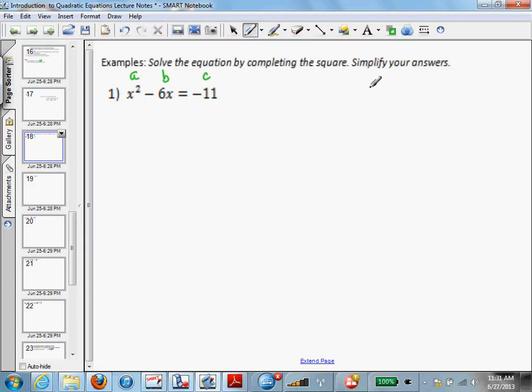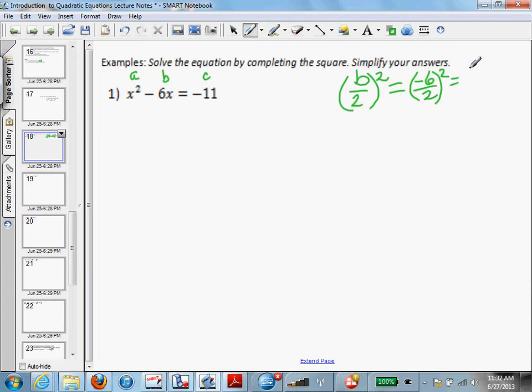So what we need to do is take the term B, divide it by 2, and square it. So in this case, we need to take the B term, which is a negative 6, divided by 2 squared.